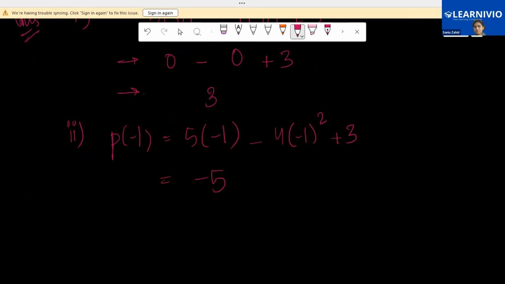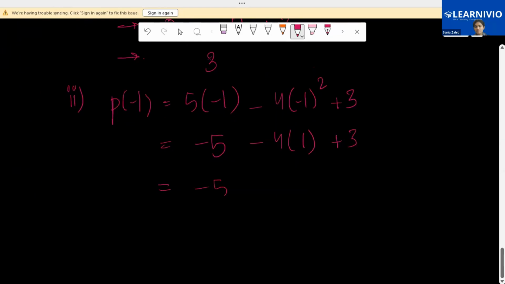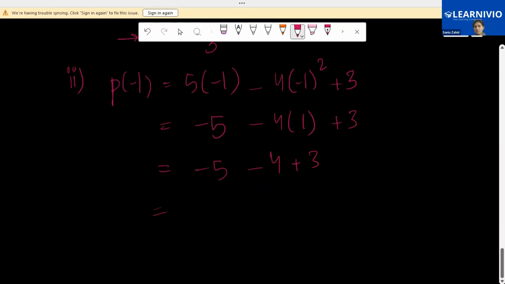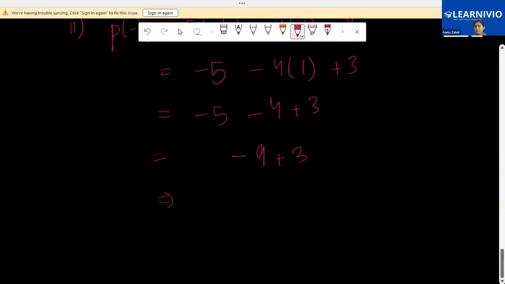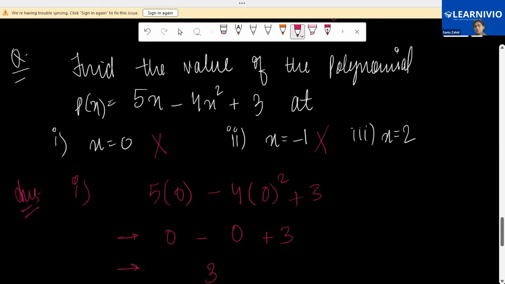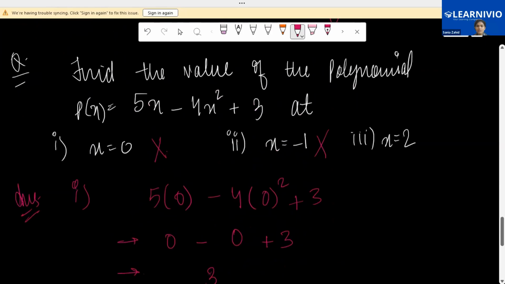Then negative 1 into negative 1 will be positive 1. Negative 4 into 1 is negative 4, plus 3. Now negative 5 minus 4 is minus 9, and then plus 3. So minus 9 plus 3 is how much? Minus 6. So is it a zero of the polynomial? No. Now Hafsa, tell us the third one.